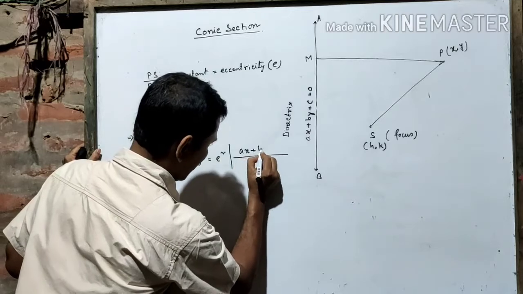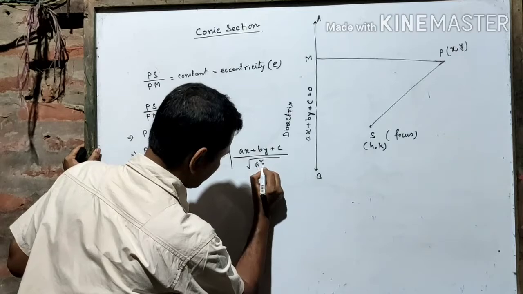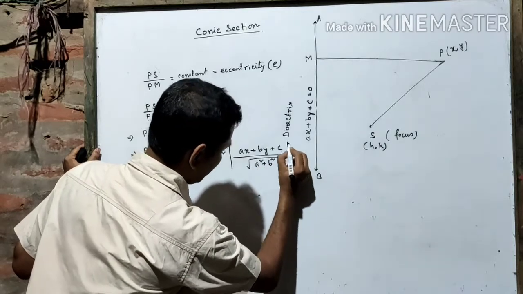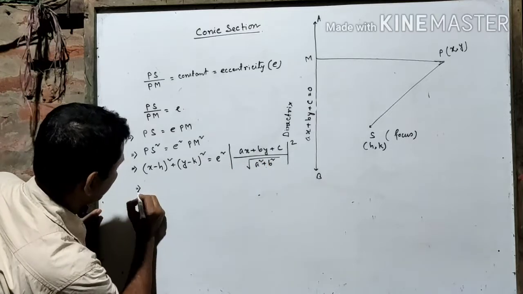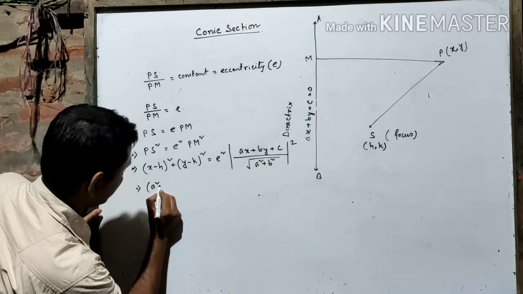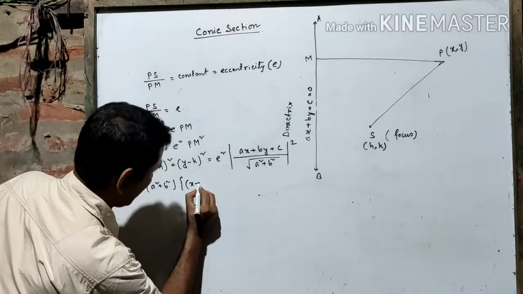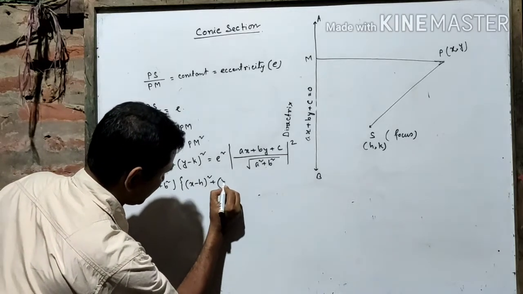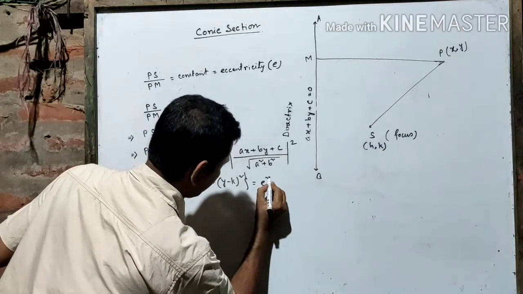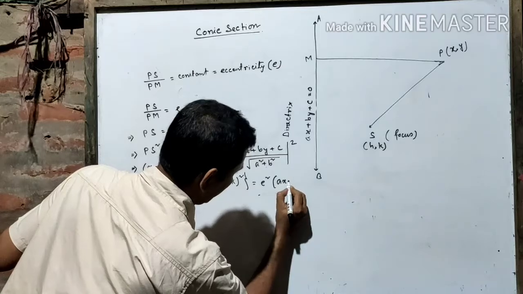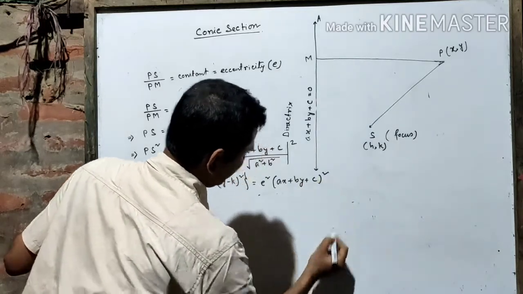You know the formula: (ax + by + c) divided by root over a square plus b square, whole square. So on squaring, (a square plus b square) into ((x - h) whole square plus (y - k) whole square) is equal to e square into (ax + by + c) whole square.